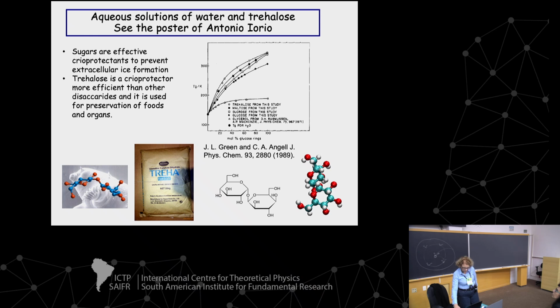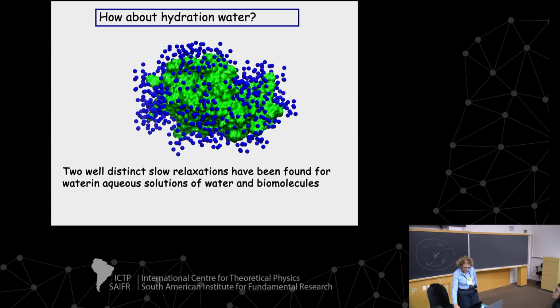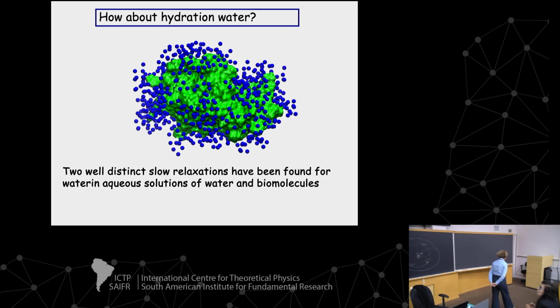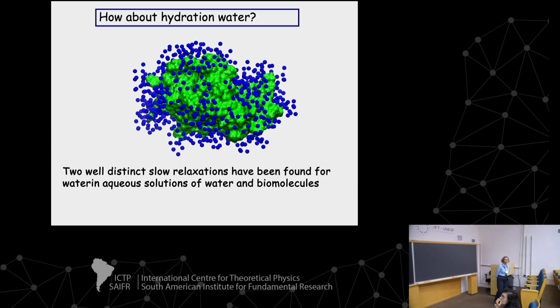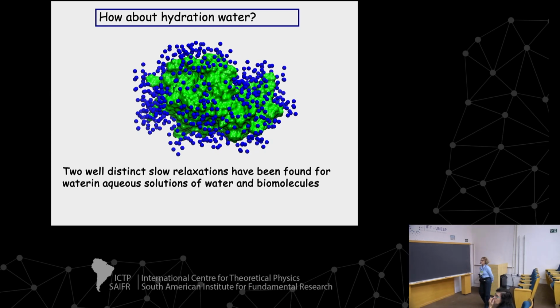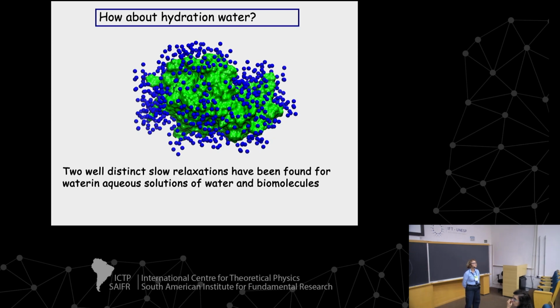We studied hydration water, and in hydration, as I told you, when we are looking at the slow relaxation of water close to surfaces, it's most important that you keep in mind that the surface has some peculiar behavior.